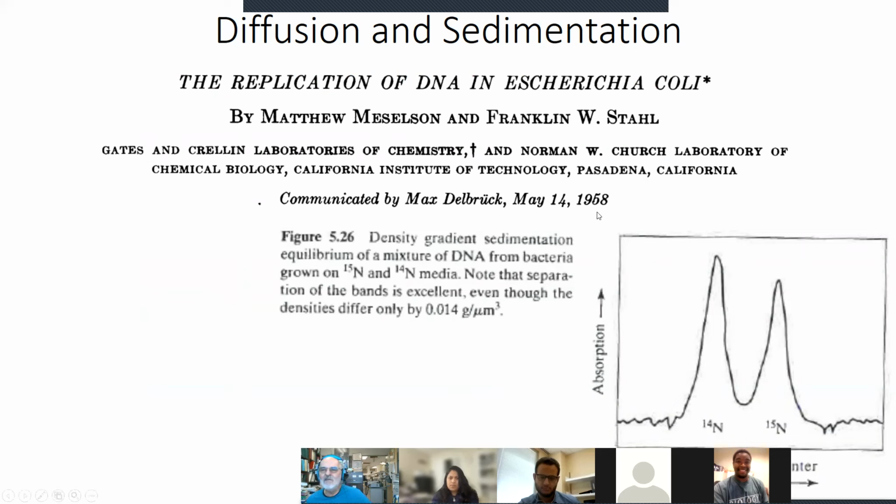In the mid-to-late 50s, Meselson and Stahl used this to study replication of DNA. You know that in the mid-50s, Watson and Crick published a famous paper telling us what the DNA structure is: a double-stranded, anti-parallel helix.